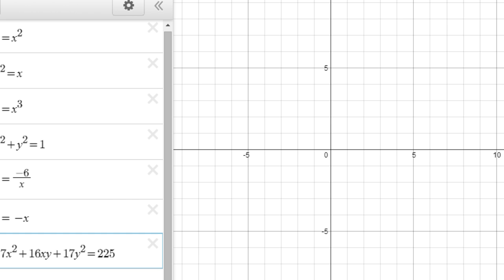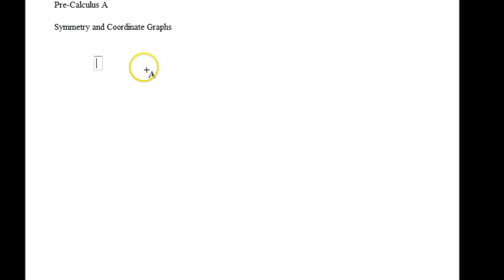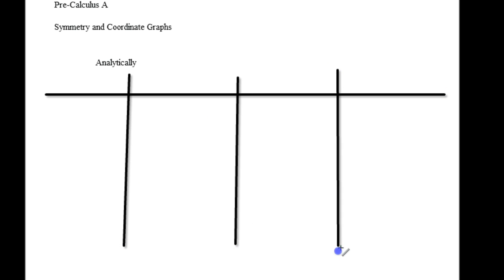Okay, now the major thing that I did want to talk about was analytically how to solve this stuff. So analytically, okay, we need to have some stuff set up. This is how you tell the certain types of symmetry, and I'll talk about even or odd in a sec.